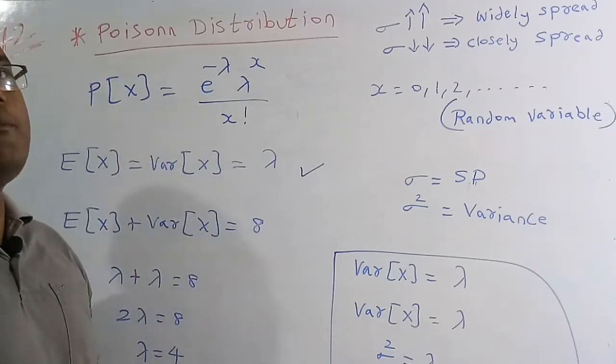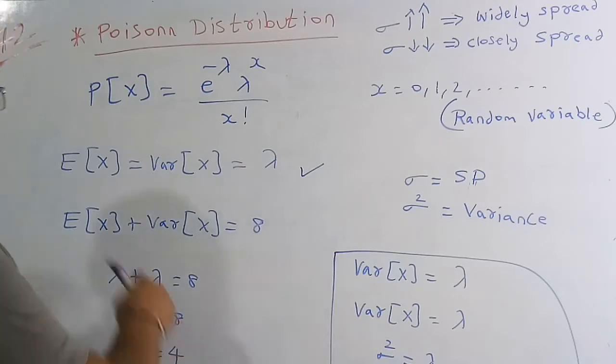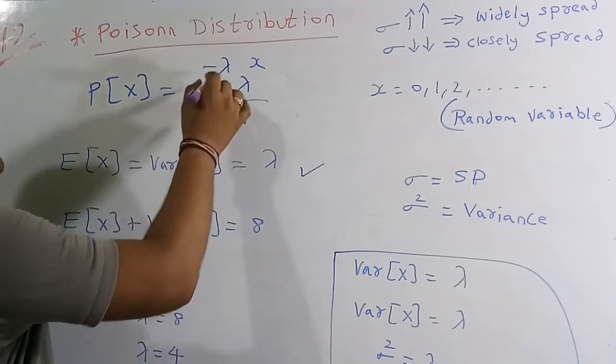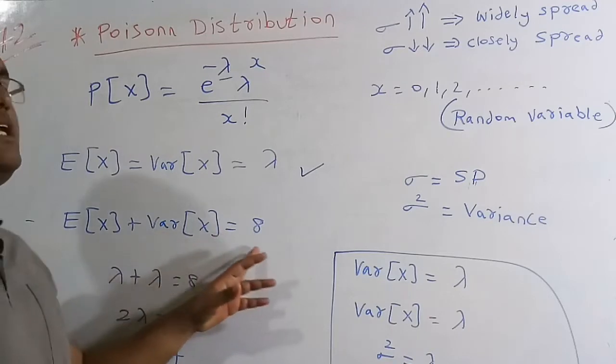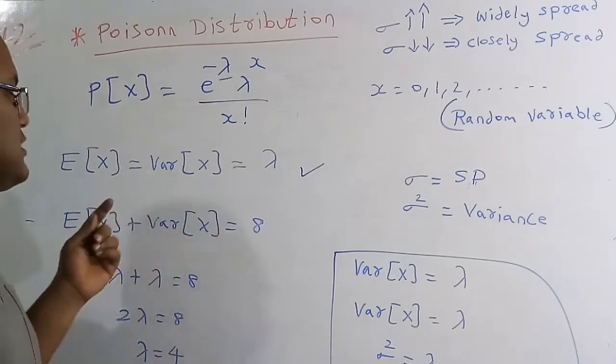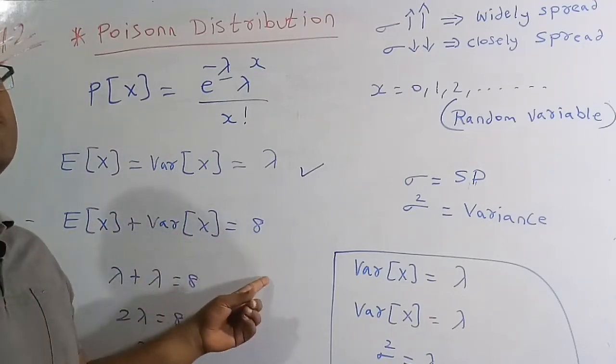The mean is nothing but lambda, so both are equal to lambda. In the question, they have given that the expectation of x plus the variance of x is equal to 8, meaning the sum of the mean value and the variance value is equal to 8.